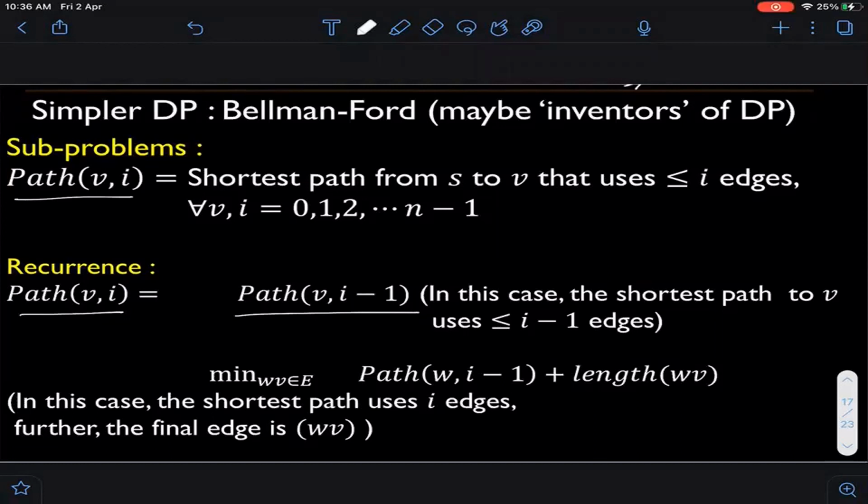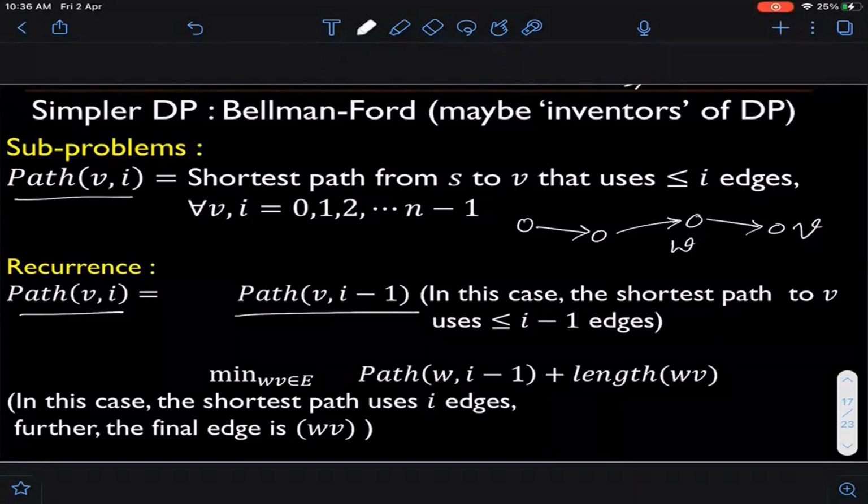What is this different vertex supposed to mean? If I look at any optimal solution, this is the second situation. Suppose this is W. We compute the i minus one budgeted solution up to W, and then we simply append the last edge to this solution. That gives me the shortest path from S to V.